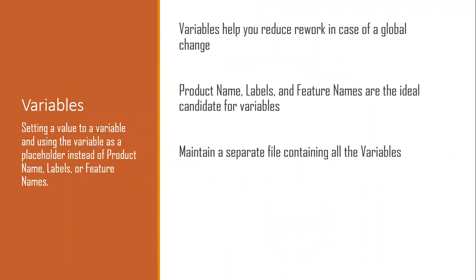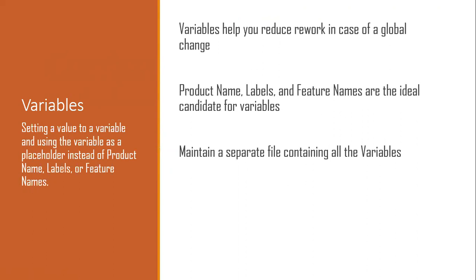We use variables because if you use a variable as a placeholder wherever the content is added, it helps make modification very quick. Like if you're documenting a feature and, as you move ahead in the sprint or the development schedule, you realize that the name is going to change, and you've documented it in many places, then changing it would become very difficult.